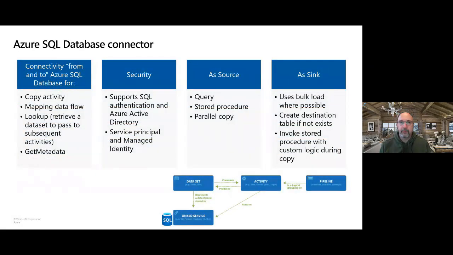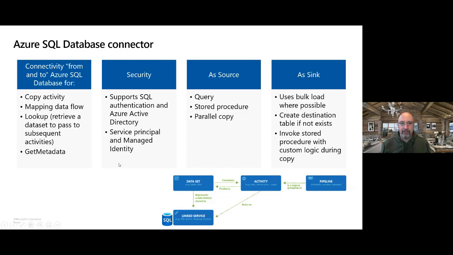Okay, so let's start from how we connect to Azure SQL DB from within Azure Data Factory. The Azure SQL Database Connector is providing this base connectivity to Azure SQL DB for all the different types of activities we have within Azure Data Factory.